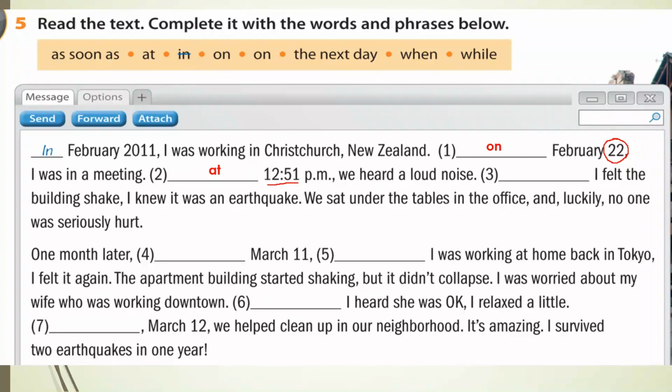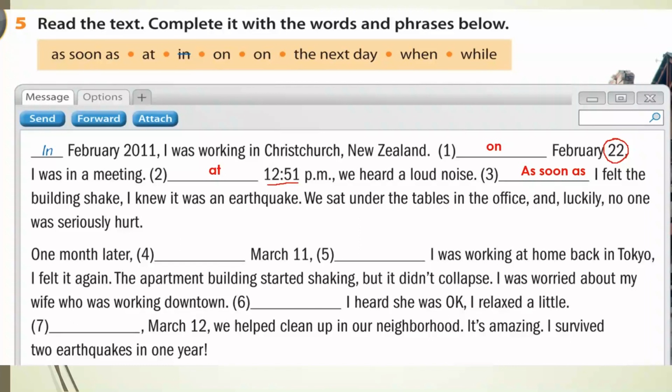So it's a sequence of events. I heard a loud, intense noise, and then as soon as I felt the building shake, I knew it was an earthquake. So the moment I saw the movement of the building, I understood it was an earthquake.